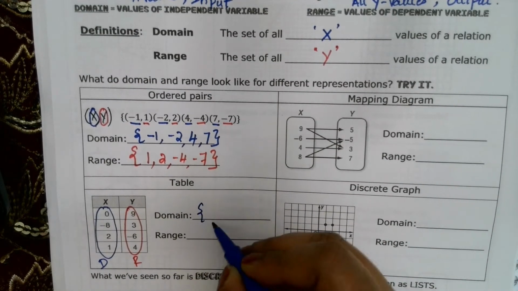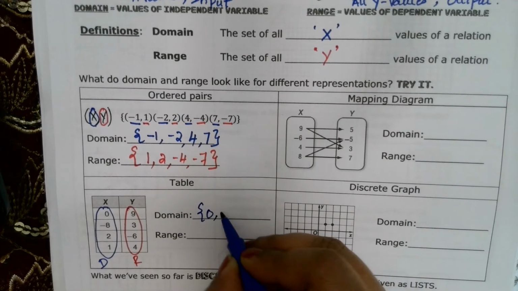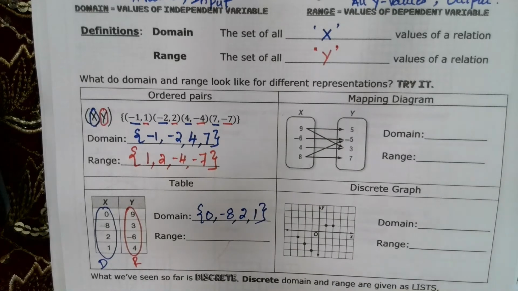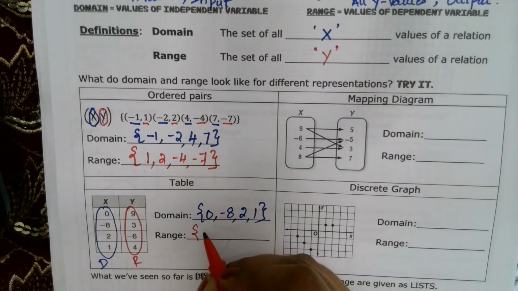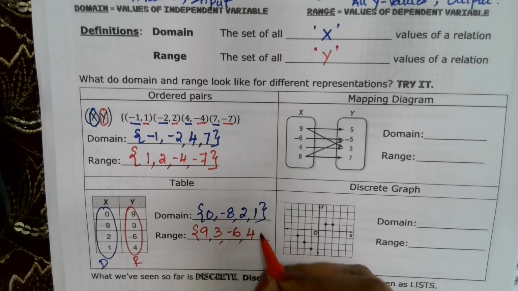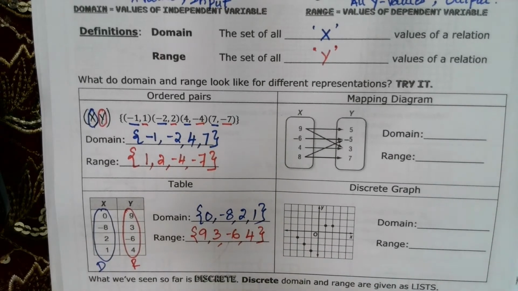Domain are 0, -8, 2, and 1. And range are 9, 3, -6, and 4. So from a table, you can simply look at the x values. All x values talk about the domain, and all y values talk about the range.